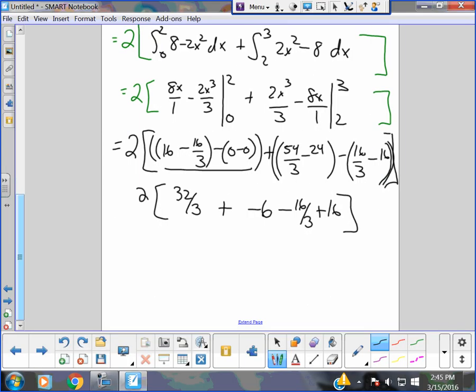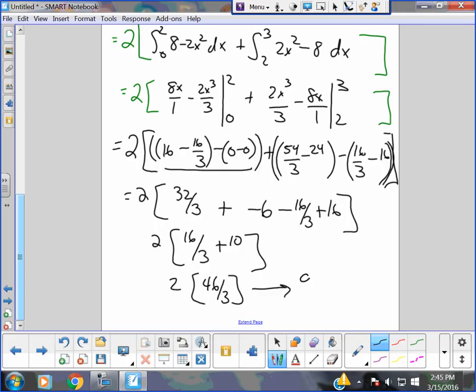Ugh. 32 thirds minus 16 thirds. 16 thirds, negative 6 plus 16 plus 10, so that's 30 thirds. 30 plus that is 46 thirds. And assuming I didn't make a math mistake, which truthfully, doing this all in my head, might be a pretty big assumption. But I think I'm right. It's 92 thirds.